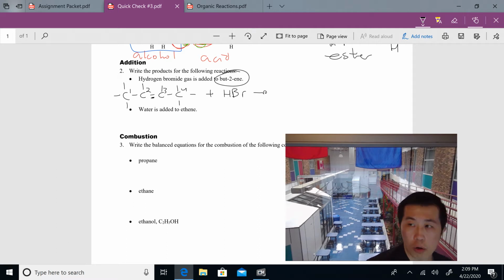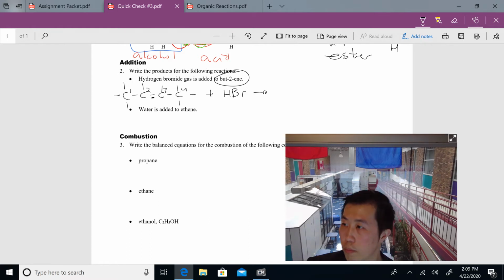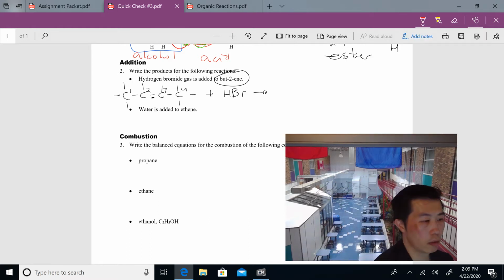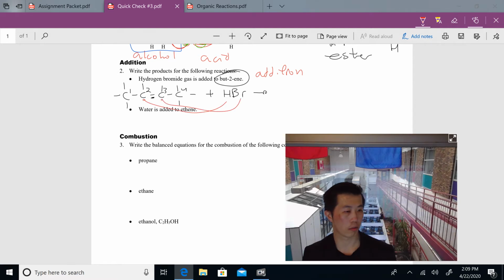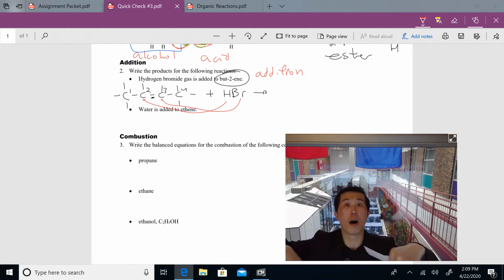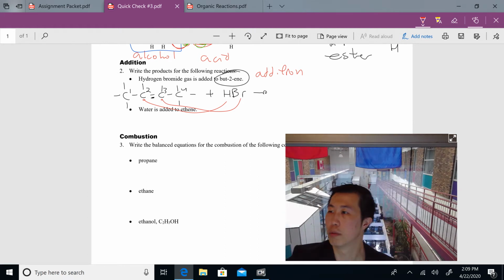Okay, so this is an example of, once again, an addition reaction, because what we're going to do is we're going to go all in. We are going to attack that double bond, and that's going to open up into the single bond.